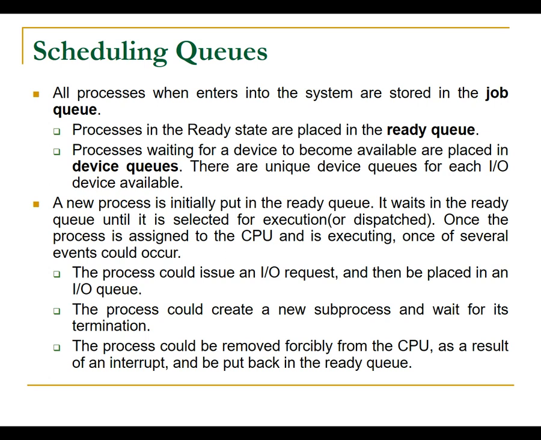A new process is initially put into the ready queue and waits there until it gets selected for execution, or we can say selected for dispatch. Once the process is assigned to the central processing unit and is getting executed, several other events might be handled by the central processing unit.